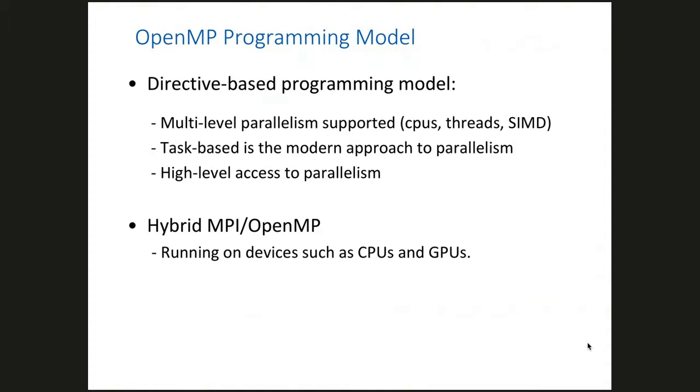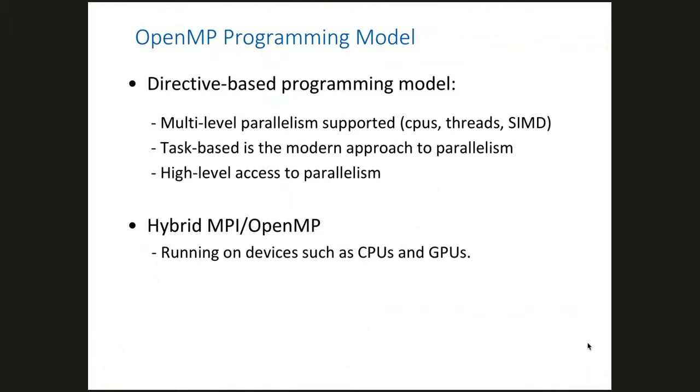And now many applications take both approaches, the hybrid MPI and OpenMP approach. Because OpenMP has the advantage of sharing memory on one node, and the node now has many CPUs.